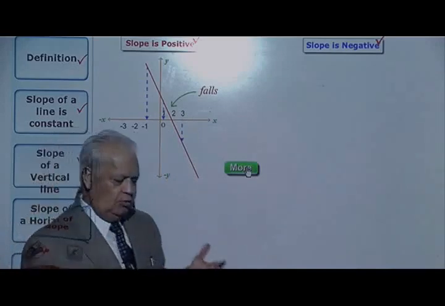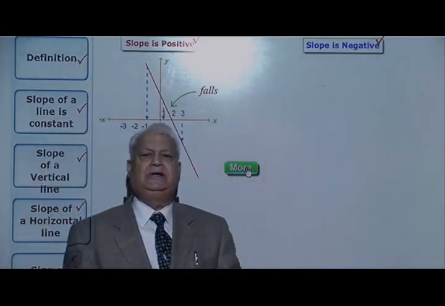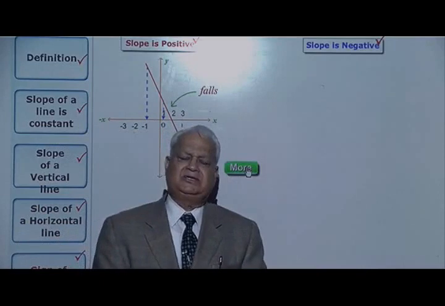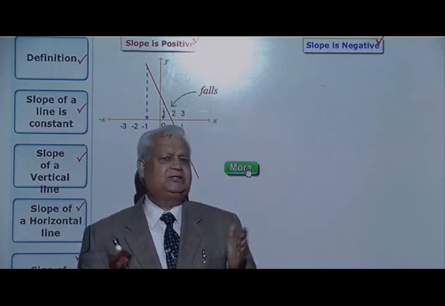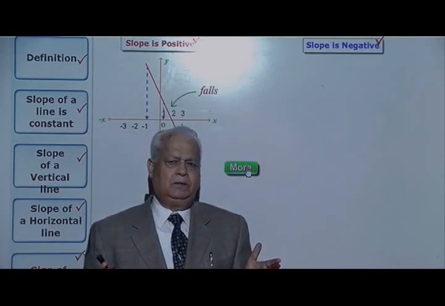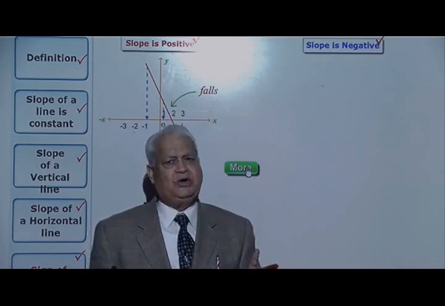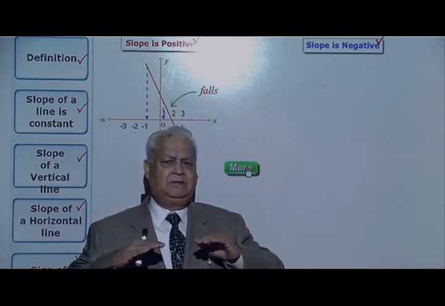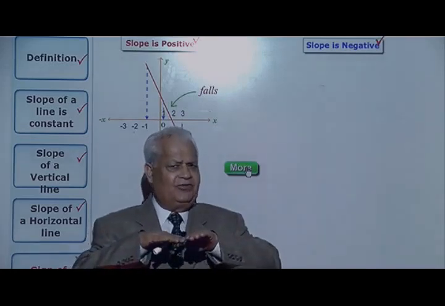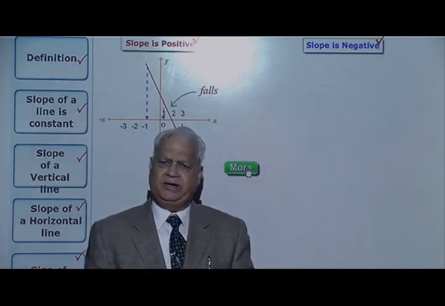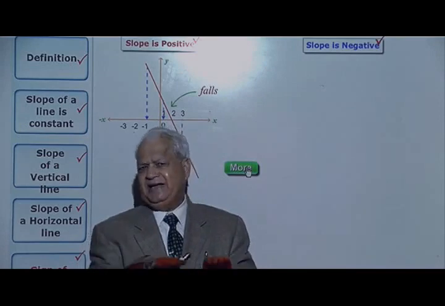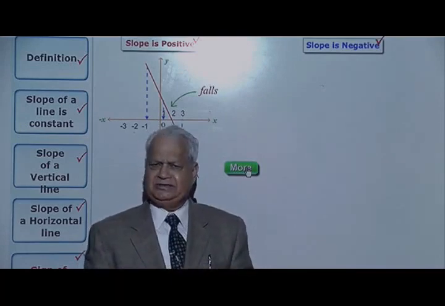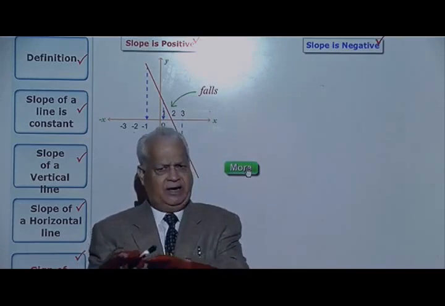So this is how we normally define it. To sum up what we've discussed, to find the slope of a line, if you are given 2 points on it, you take the ratio of the difference of y coordinates to the difference of x coordinates, a ratio of the change in y over the change in x, which is the same thing as rise over run.